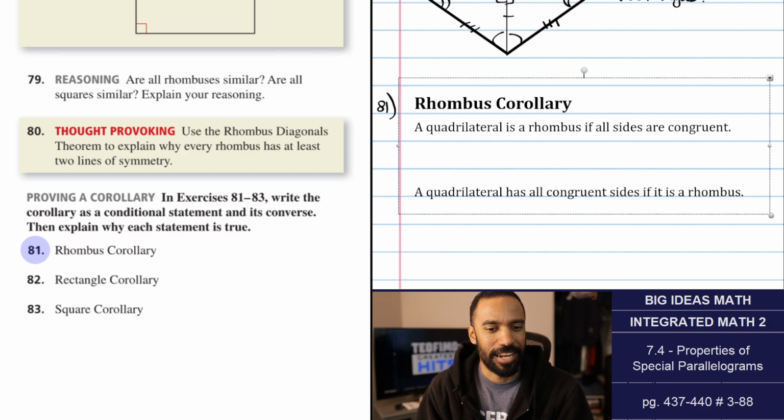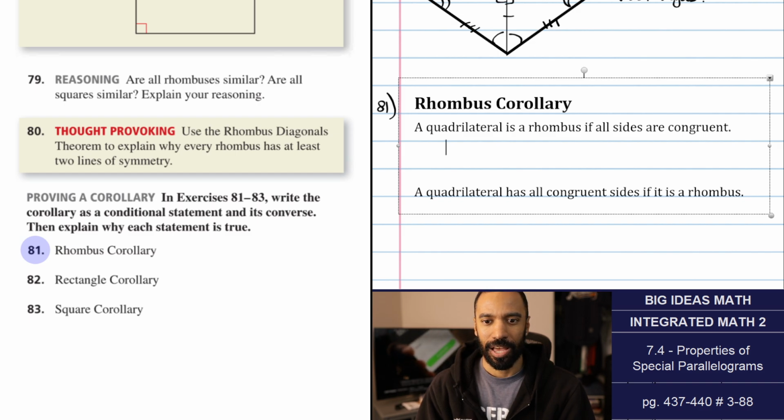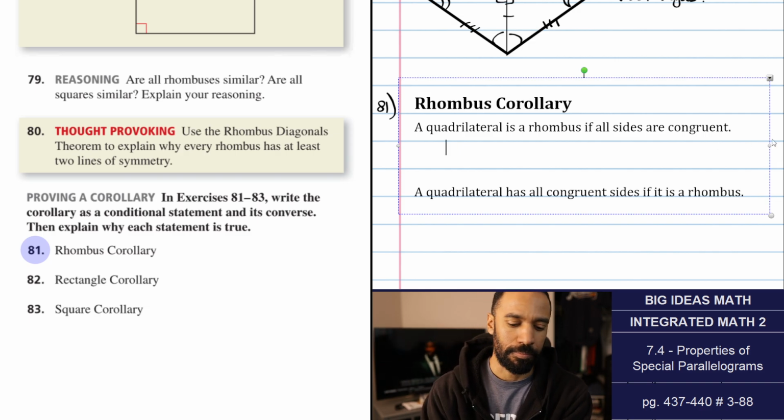I don't want to do massive 2-column proofs for these things, if that makes sense. I mean, the original is the rhombus's definition. Because of its definition.